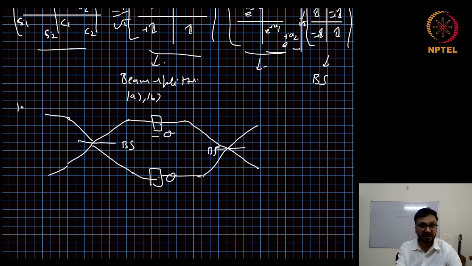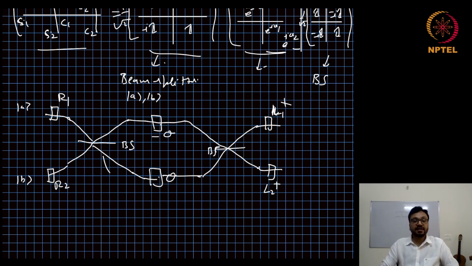This is path A, this is path B. So first we apply R1 and R2, then we have our CS matrix, and then we apply L1 dagger and L2 dagger. In that way, we can implement an arbitrary four-dimensional unitary on polarization and path degree of freedom of a photon.